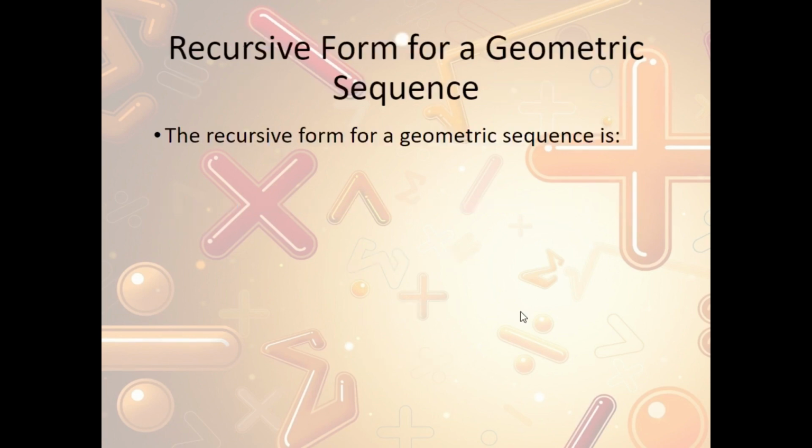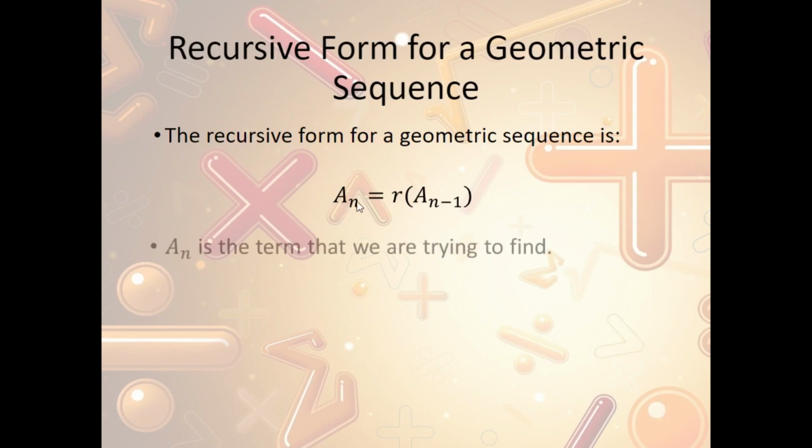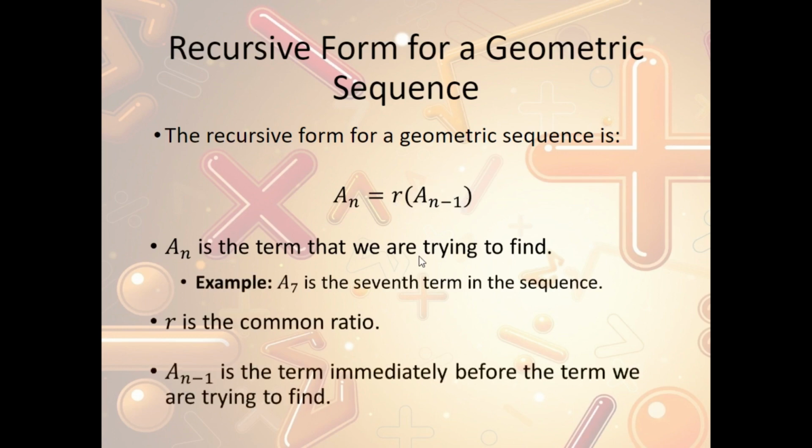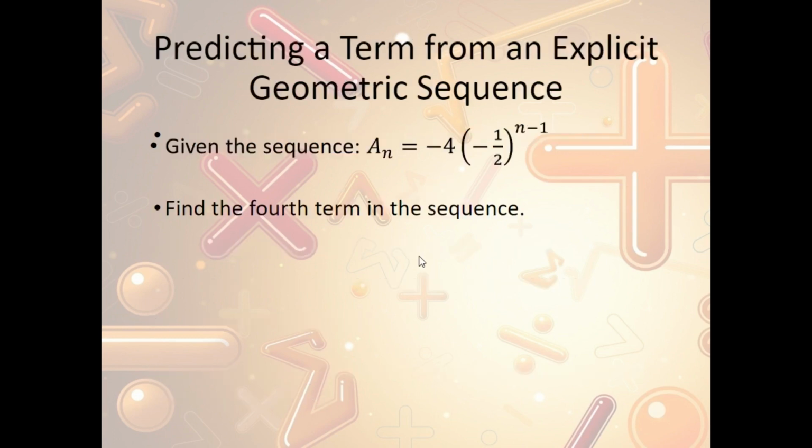Now let's take a look at the recursive form for a geometric sequence. So that follows this pattern. a_n is equal to r times a_(n-1). Now, what we're really saying here is the term we're trying to find is equal to the common ratio times the previous term. So if we look at this one, we have a_n is equal to 4 times negative 1/2 to the n minus 1.